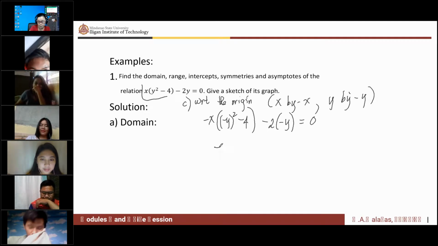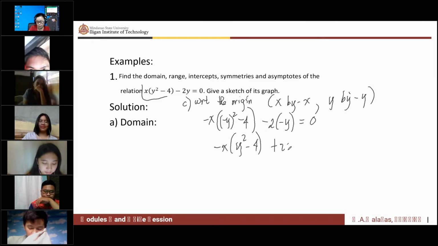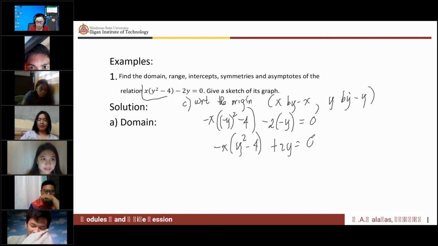So we have negative x times y squared minus 4 plus 2y equals 0. And if we multiply by negative 1, we get x times y squared minus 4 minus 2y equals 0.